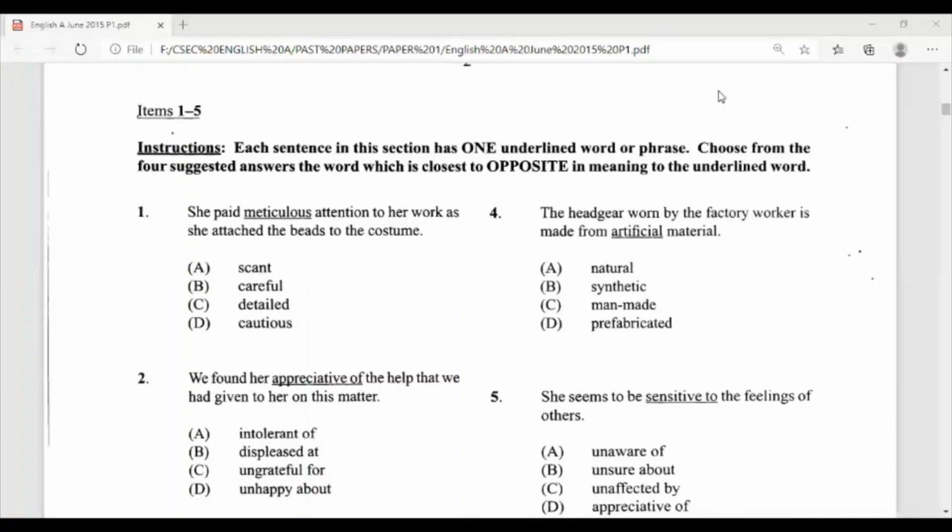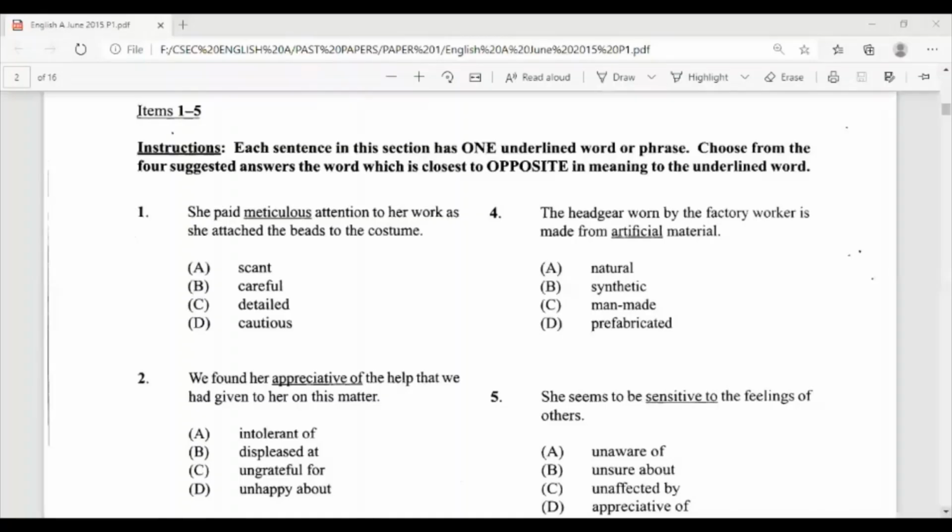You really have to pay attention and do it carefully so that you can get it done right. And so if she's not paying great, careful attention, then our best pick for number 1 would be scant. When you have scant regard, you don't really care how things turn out, how it is done. So A is our answer for number 1.